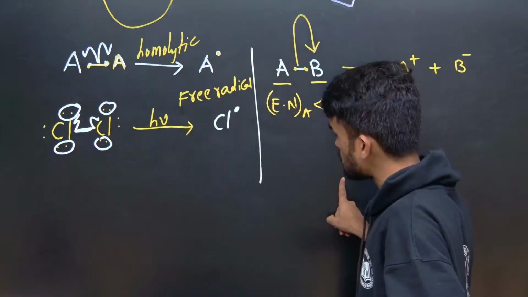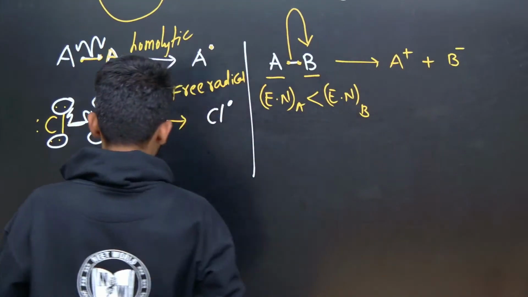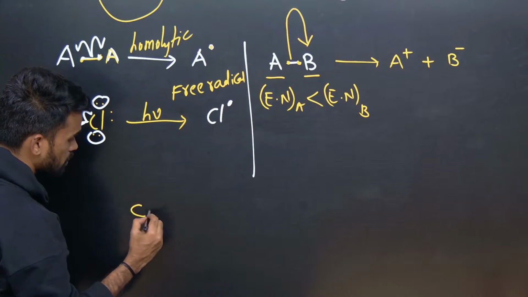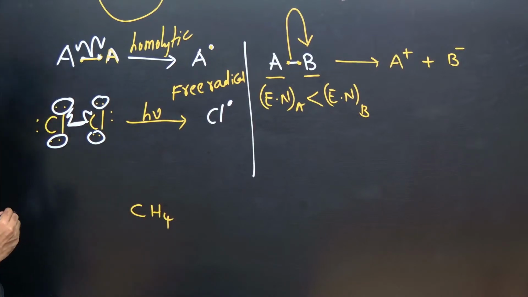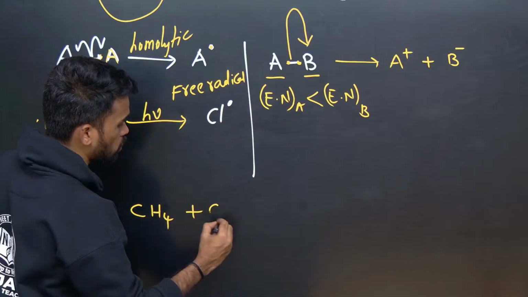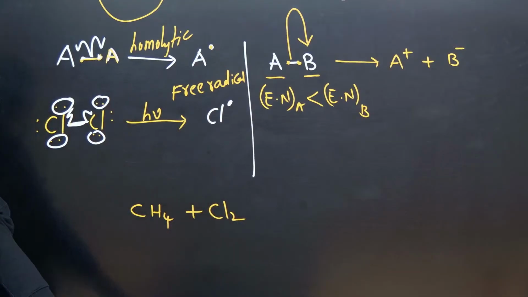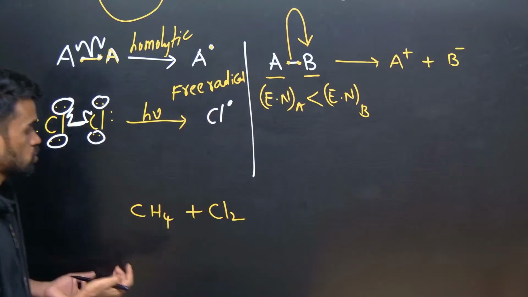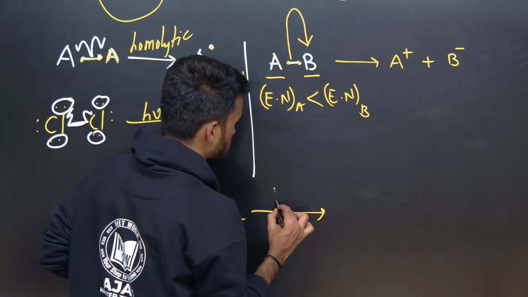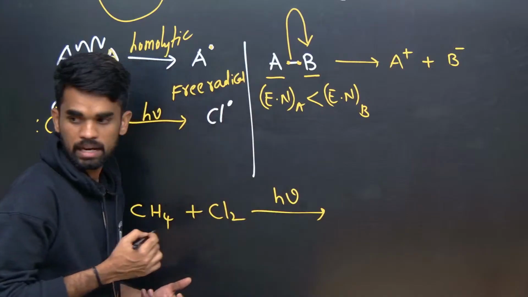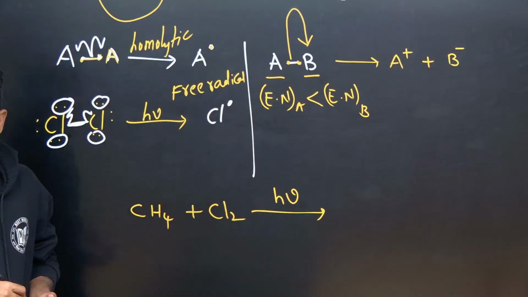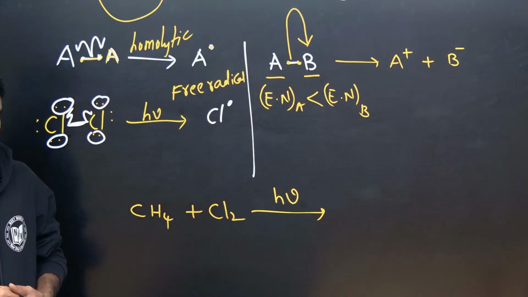Free radical substitution means, see here, simply I am taking methane, and to this I want to add chlorine. I want to react it with chlorine, so I can say chlorination of hydrocarbons. This process takes place in the presence of sunlight or high temperature or some required frequency, UV light is required.